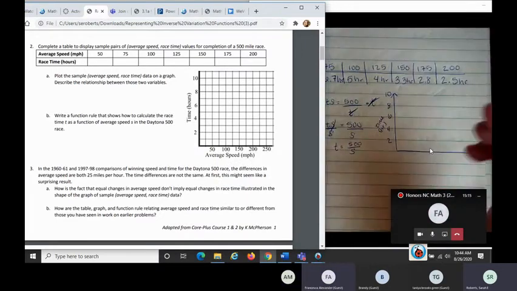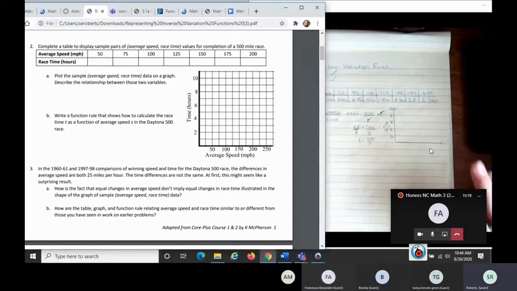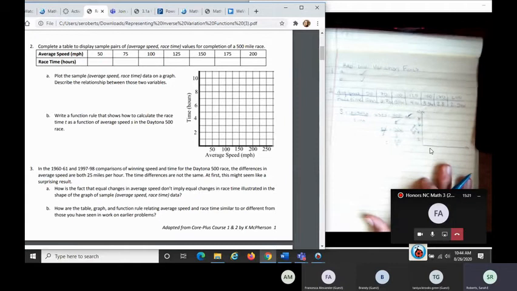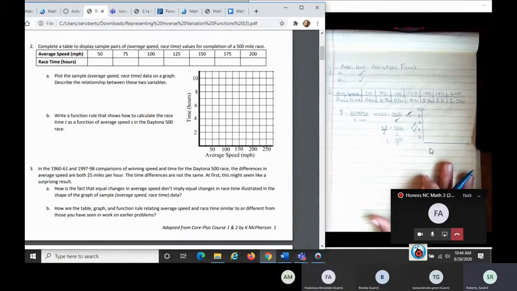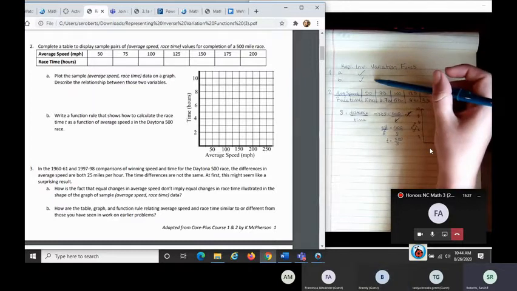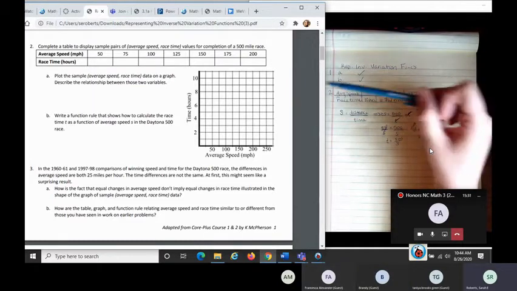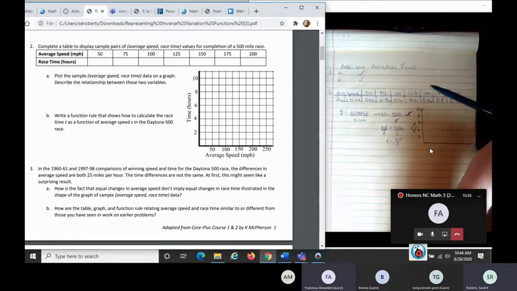Good. Okay, so what we've done so far, we're going over the homework from last night. We did 1A and B together in class. Then there was some question about if we did the chart right for number 2, so we filled in all the values of the chart.